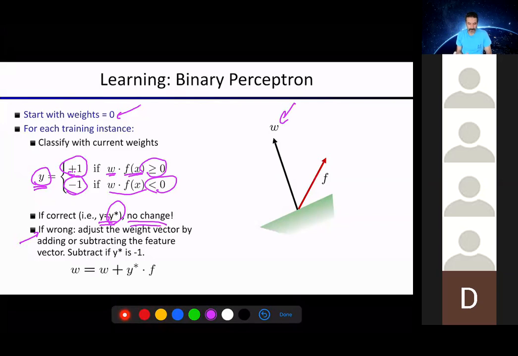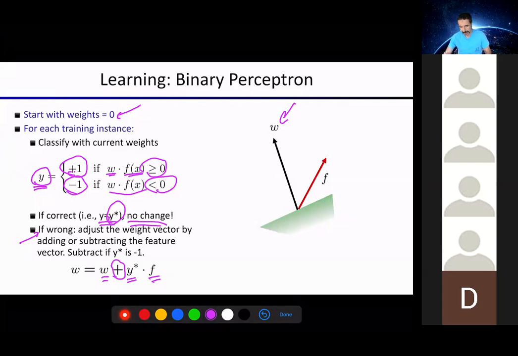And the update was basically adding Y star, which is either the negative class or positive class, times the feature vector for this particular example, to the current weight vector.